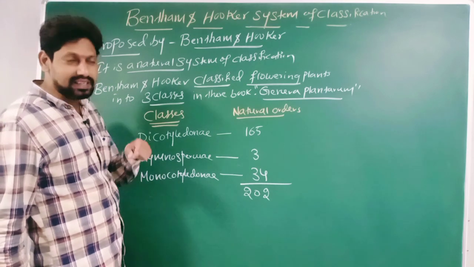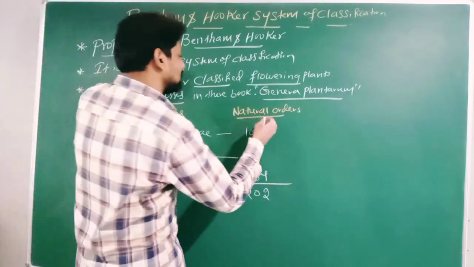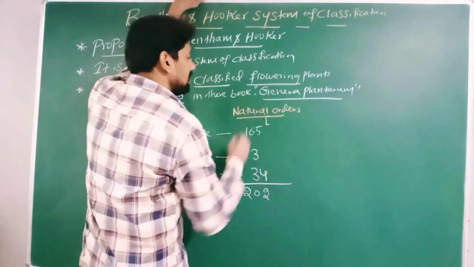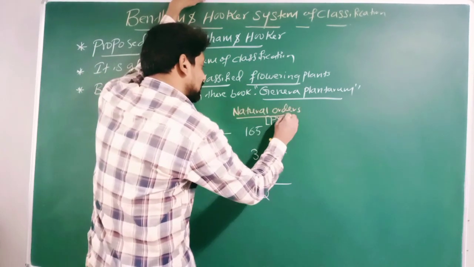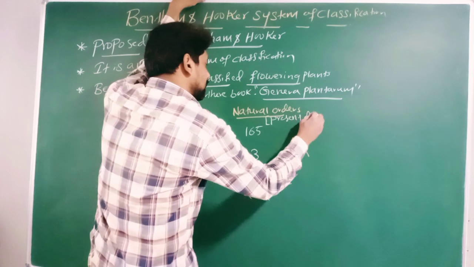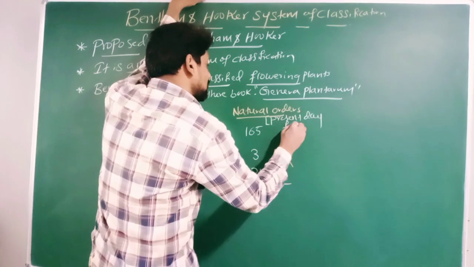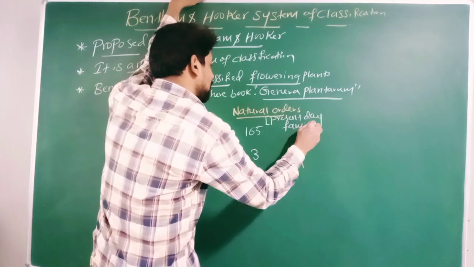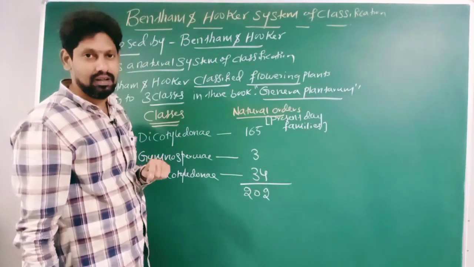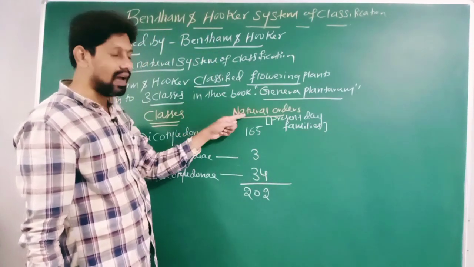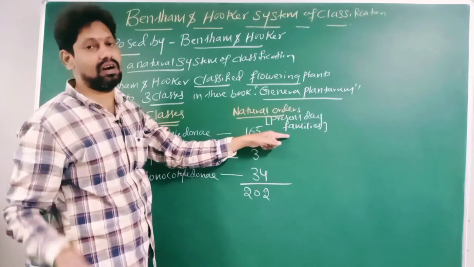At present, we are calling these natural orders as families. Therefore, natural orders means nothing but present day families. What is the meaning of this statement, sir? Bentham and Hooker called it a natural order. At present, we call them families, not natural orders.